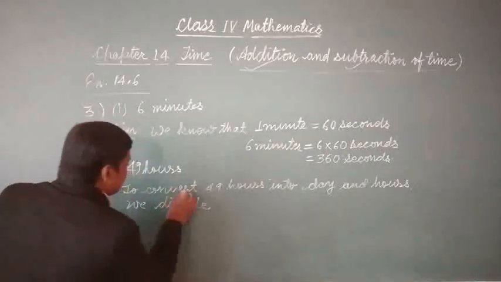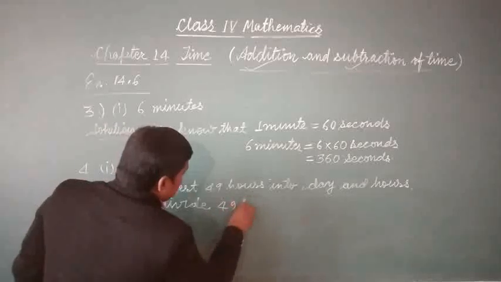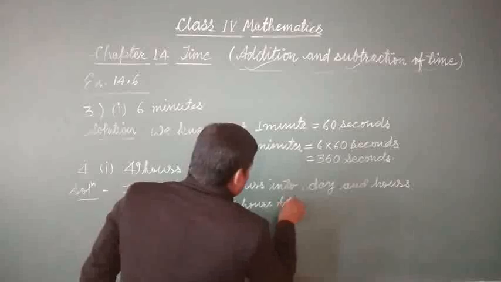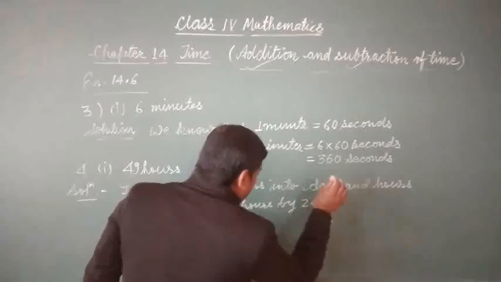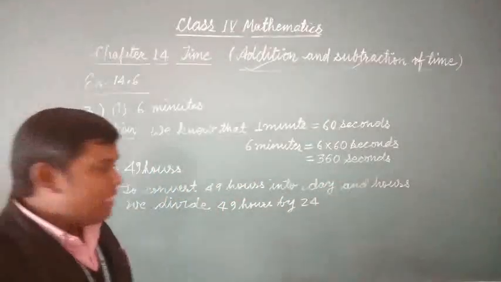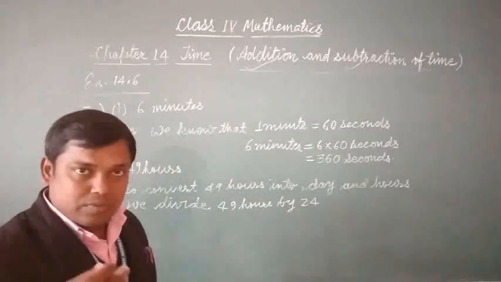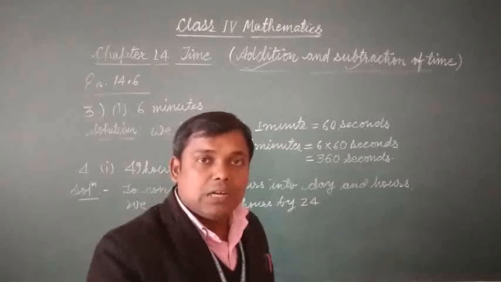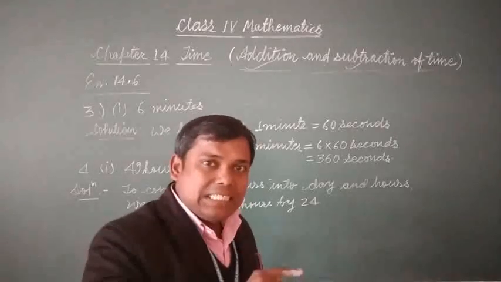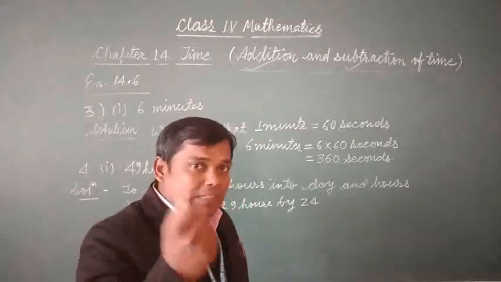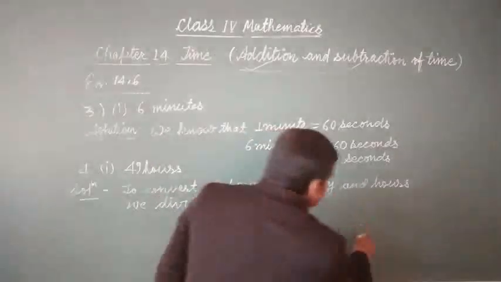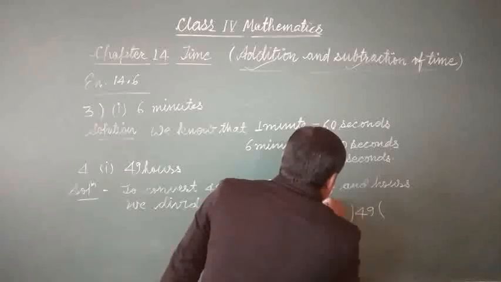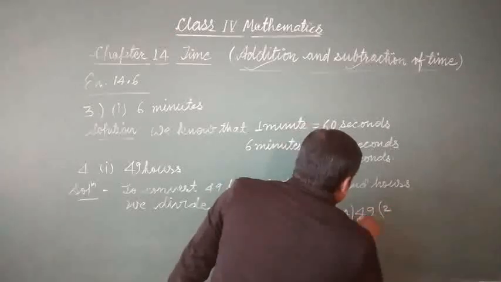divide 49 hours by 24. So when we divide 49 hours by 24, whatever quotient will come will be the number of days and the remainder will be the hours. So I am dividing here 49 by 24. 2 times 24 is 48.